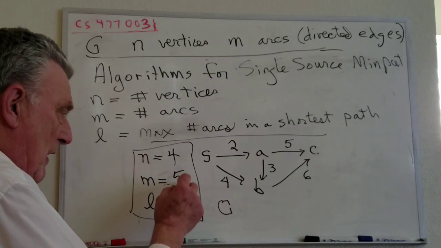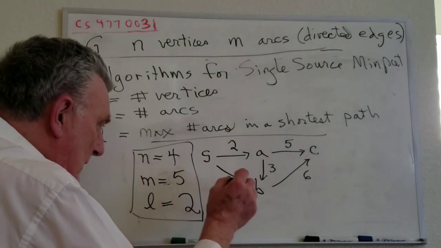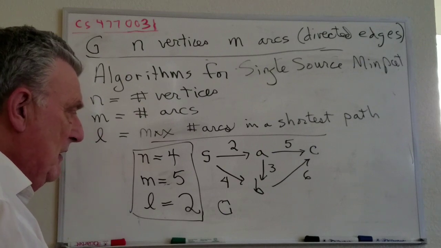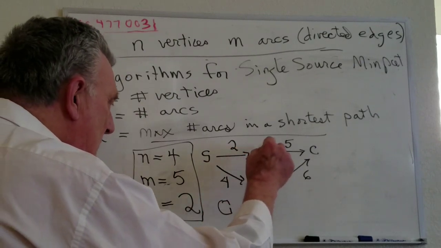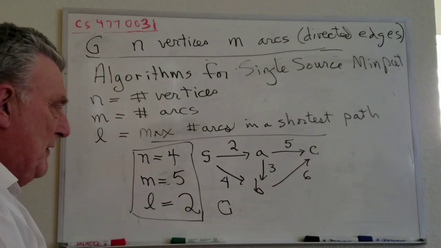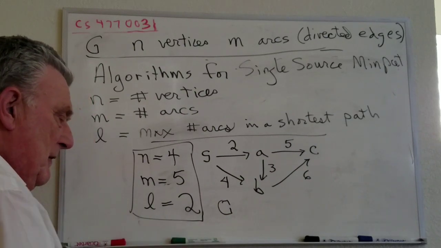There are 5 arcs. But the shortest path from S to anything else never has more than 2 arcs in it. It's true that there is a path that has 3 arcs, however, it's not the shortest path from S to C. Therefore, L is 2.